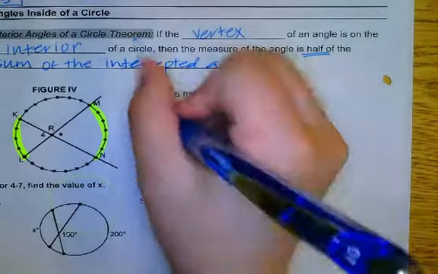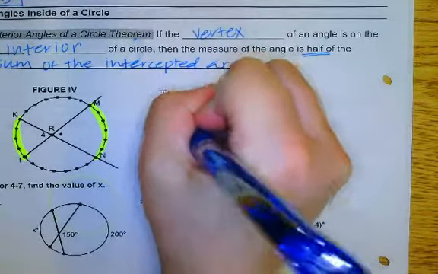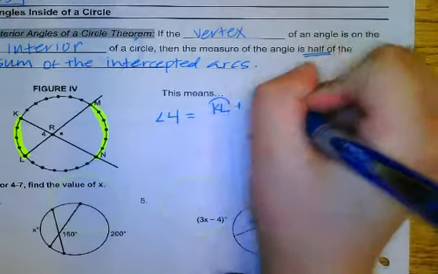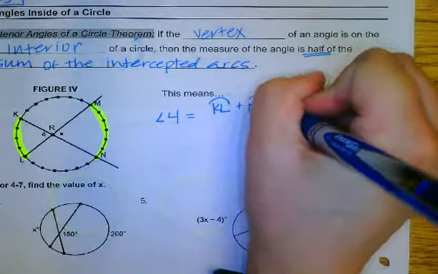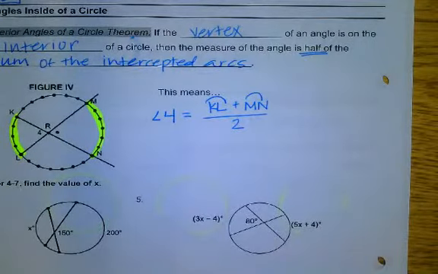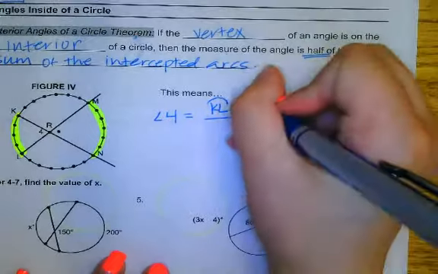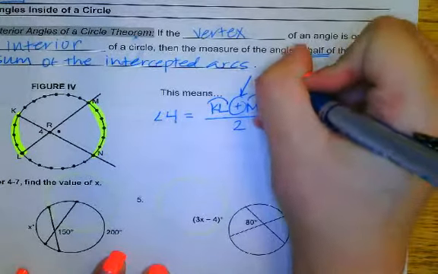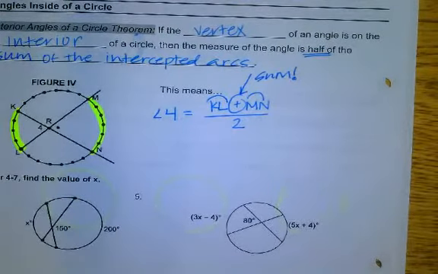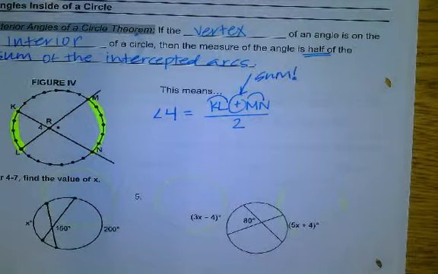By definition then, angle 4 is equal to the measure of arc KL plus the measure of arc MN over 2. And again, the big thing here is the sum. So the measure of your two intercepted arcs divided by 2.